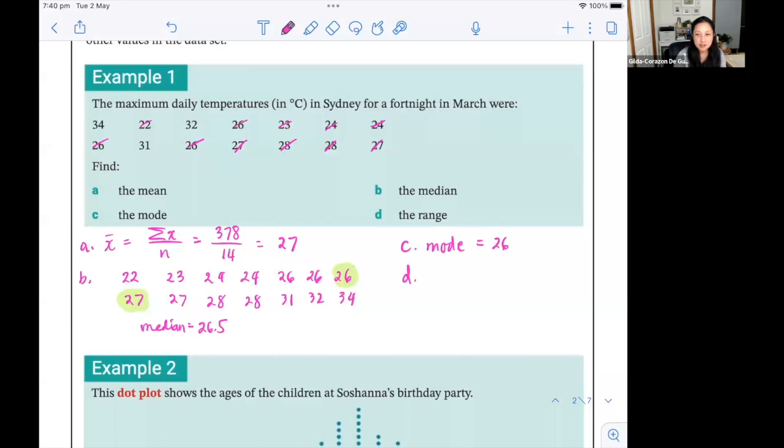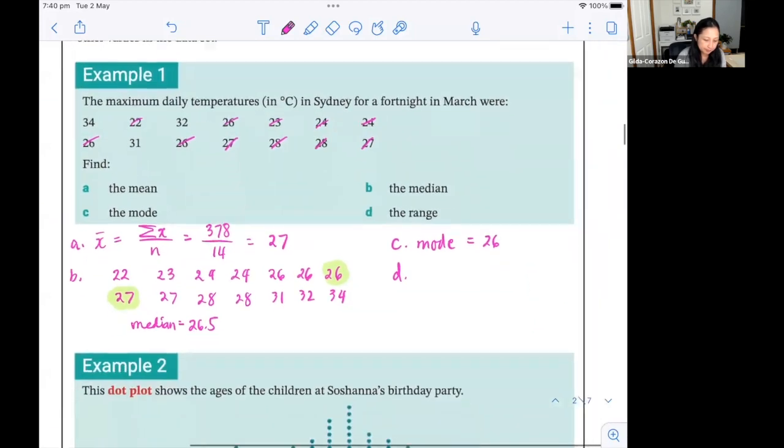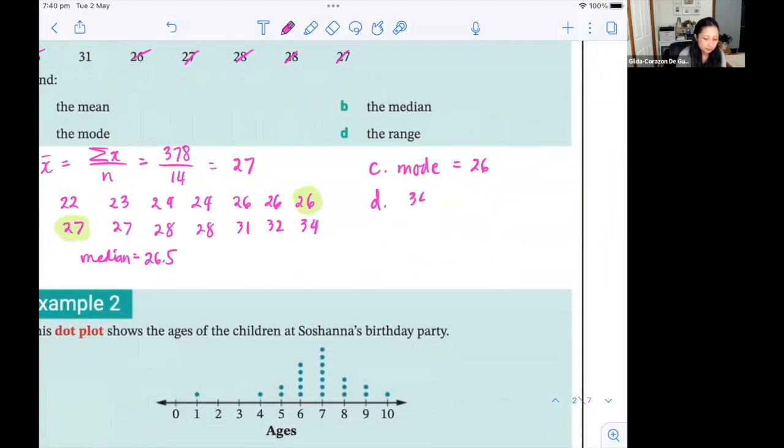When you determine your median, you already have your highest score and your lowest score there. And therefore that's 34 minus 22, which gives us 12. And therefore that's our range.